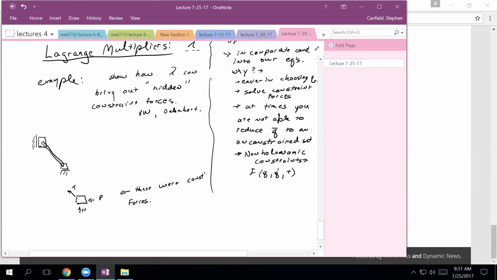We'd find the velocity of this block, find the energy associated with that, and solve. These forces would be hidden. However, we could use lambda, this Lagrange multiplier, to relax the constraint on these and then solve the associated force.